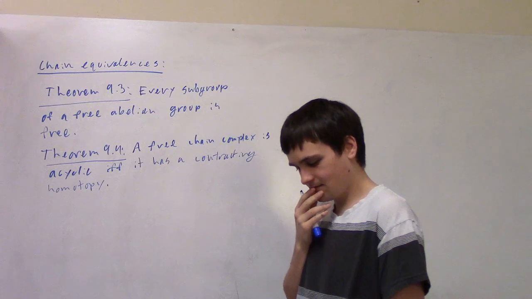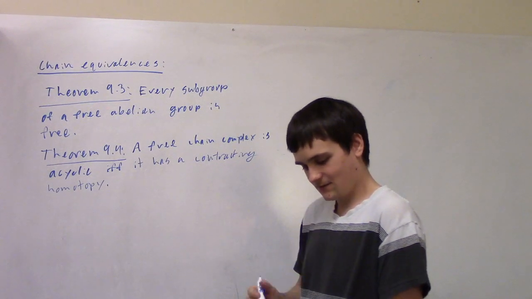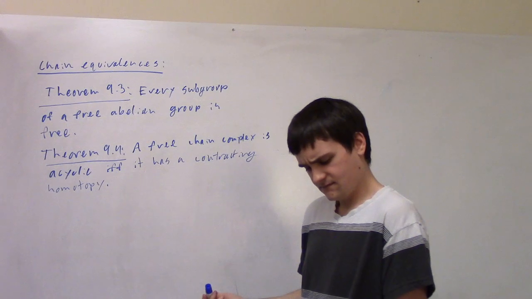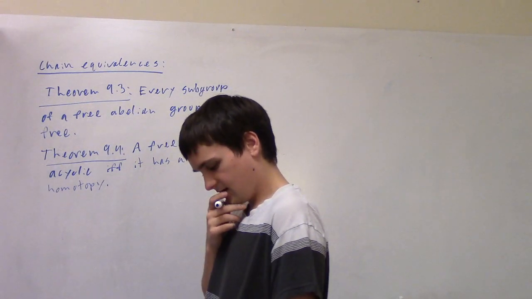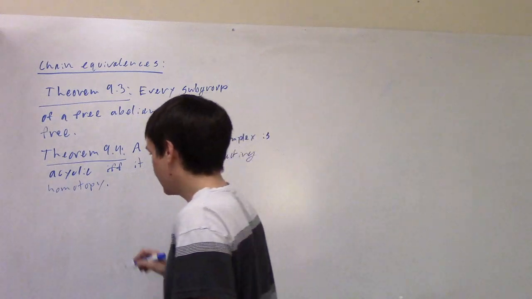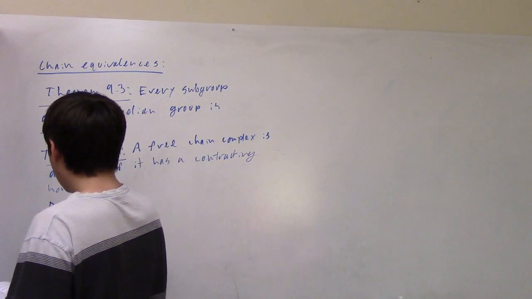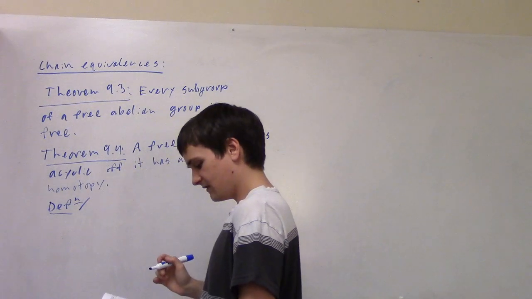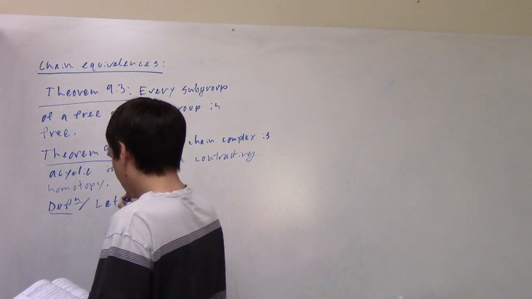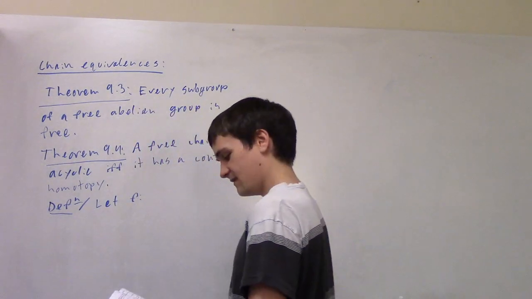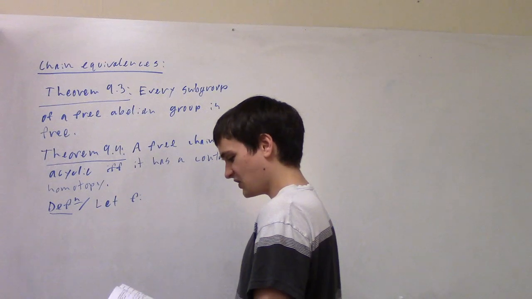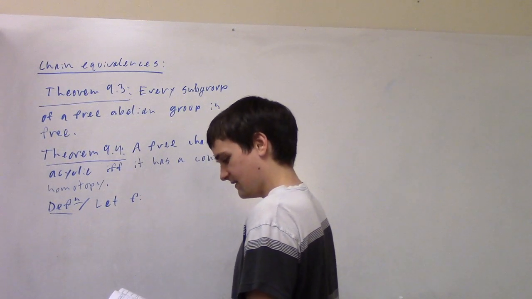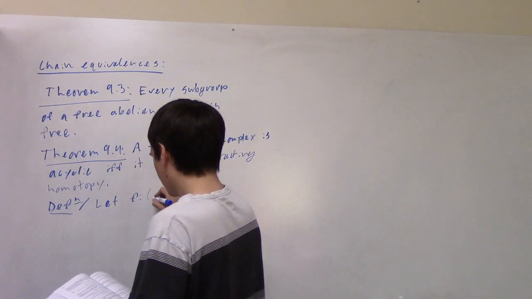So the next thing I get into, they have something called the mapping cone. They define it, I guess I should go into that. I don't really understand the intuition for this, but I guess the idea here is they're representing a chain map as a space, and then using that to actually prove these theorems.